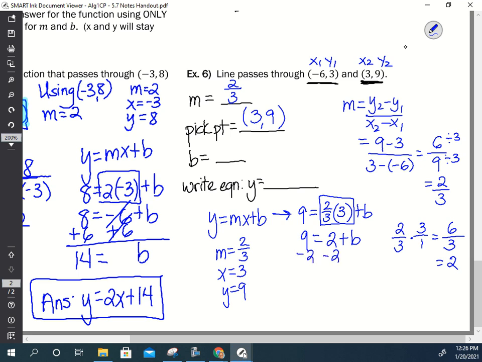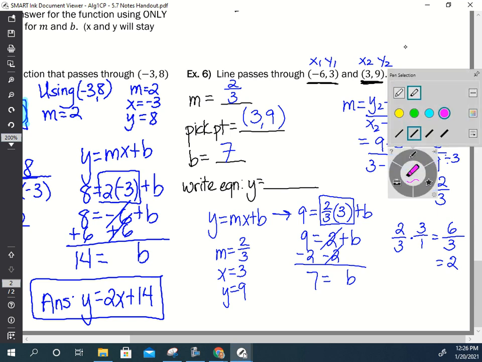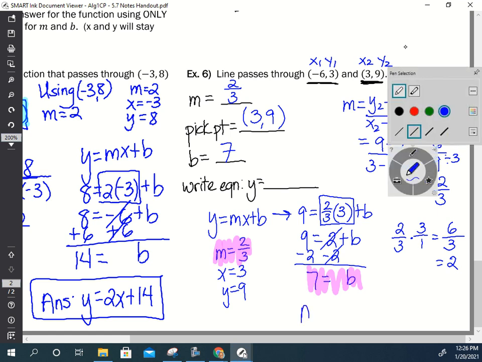Subtract 2 on both sides. 9 minus 2 is 7. So we got our slope, we got our y-intercept, so your answer is y equals 2/3 x plus 7.